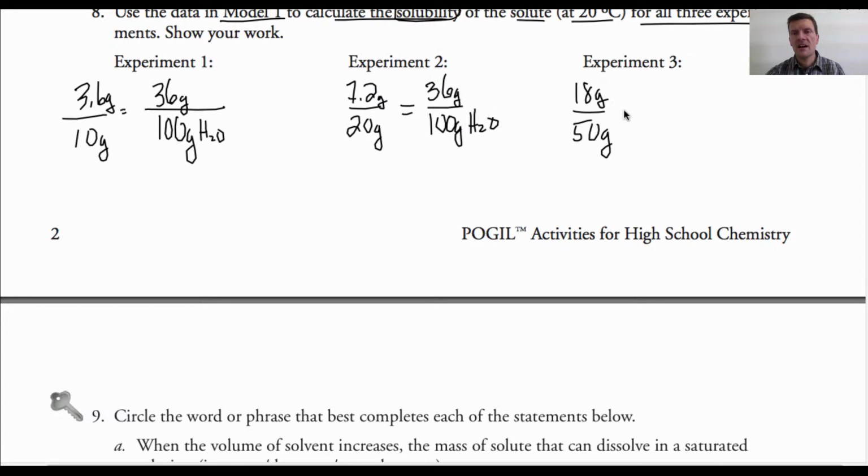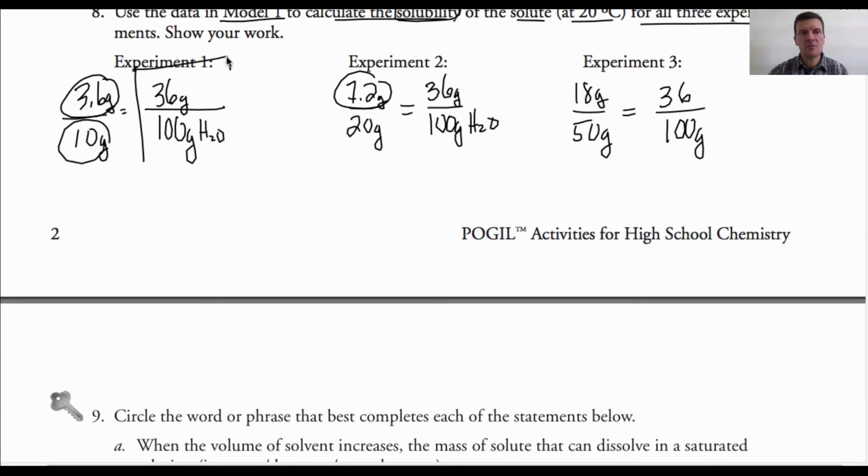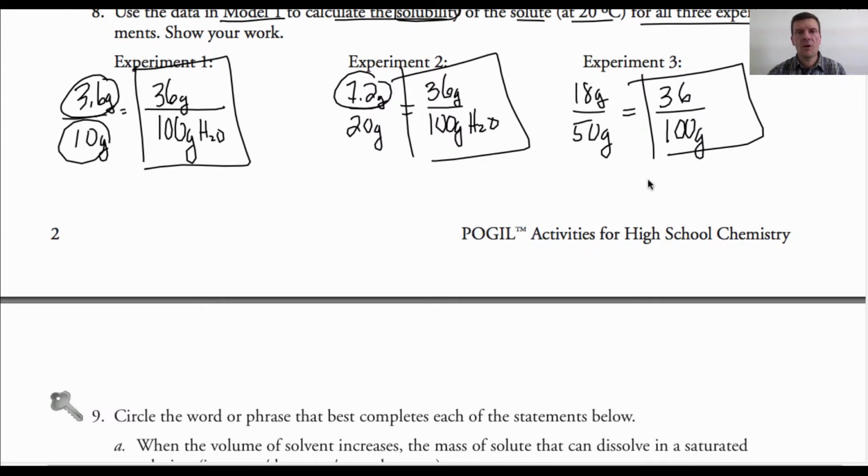And then here, I'd have to double this because I want 100 grams, not 50. 18 times 2 is going to be 36. So you see here that even though we used different amounts of water, they had different saturation levels. In other words, different amounts were able to maximize the amount that could be dissolved in those water quantities. But the solubility is the same when we measure it per 100 grams of water.